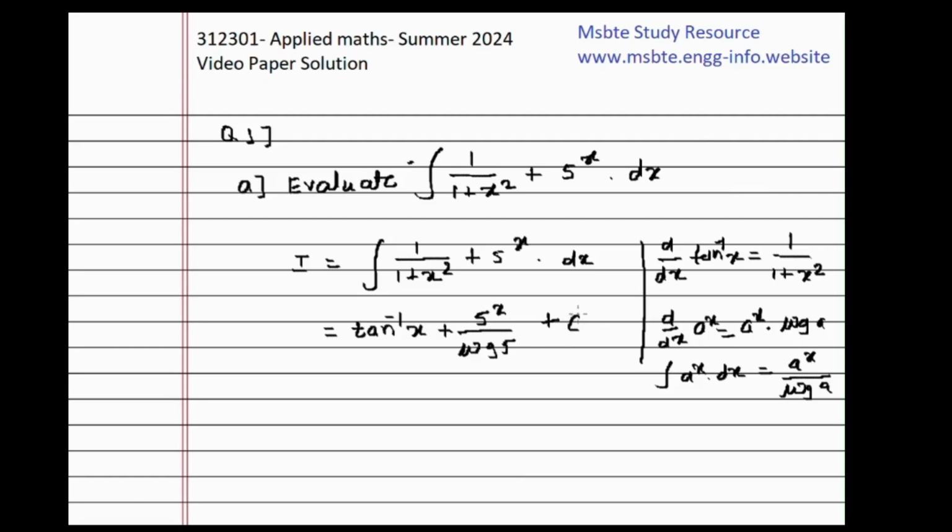C is for constant, because this is the integral of indefinite type. So we are not given the limits of integration. So this is the only step we have to take. You will get 1 mark for one correct formula and another 1 mark for another correct formula.